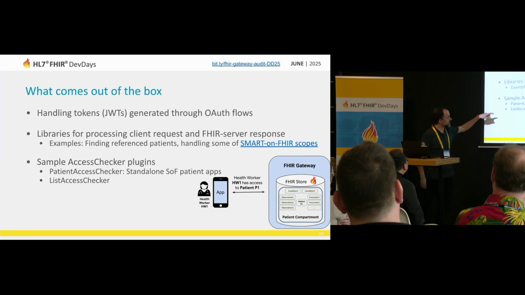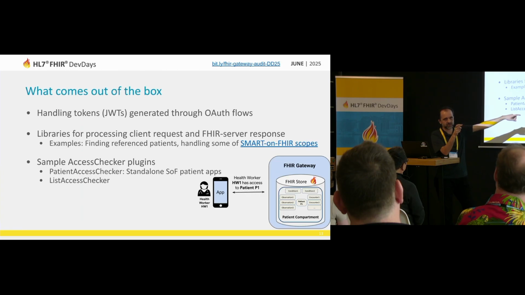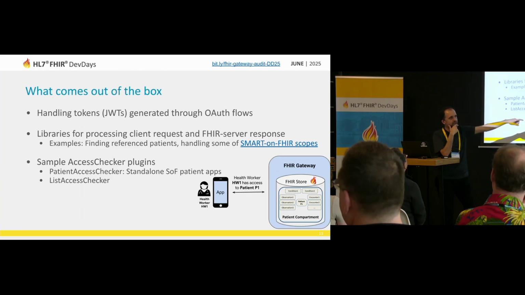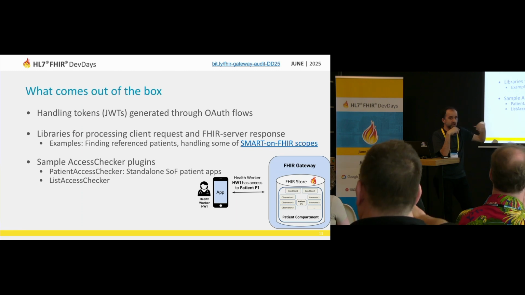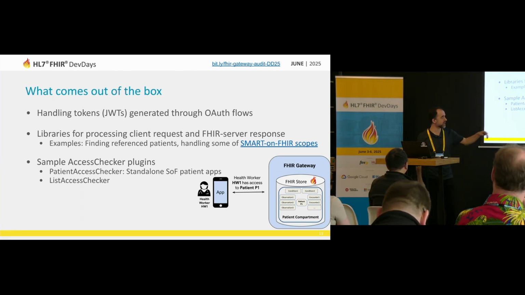So in that case, the JWT that comes in has a FHIR user claim, I think. So it has a claim that has the ID of the patient, right? So right now, out of the box, this is a good comment.